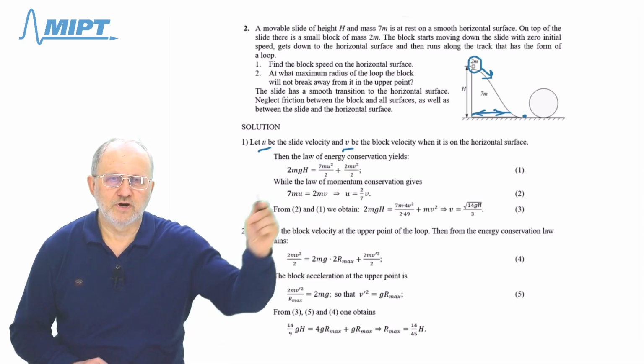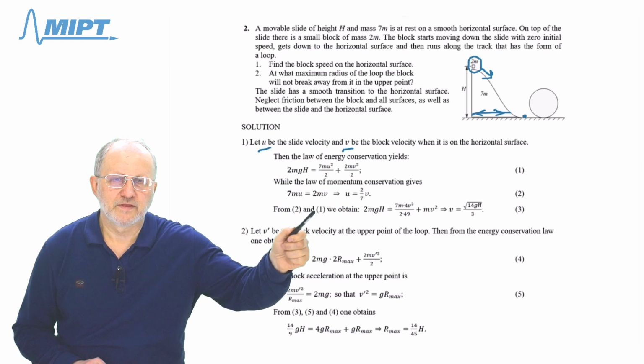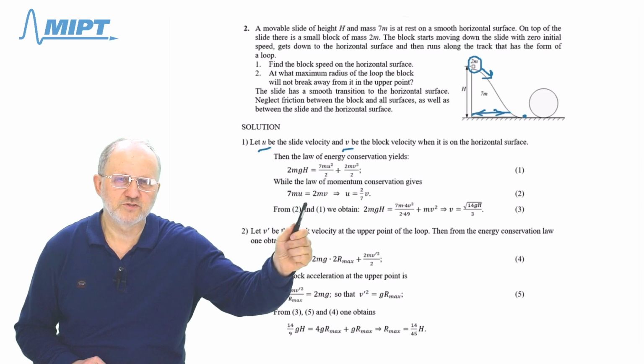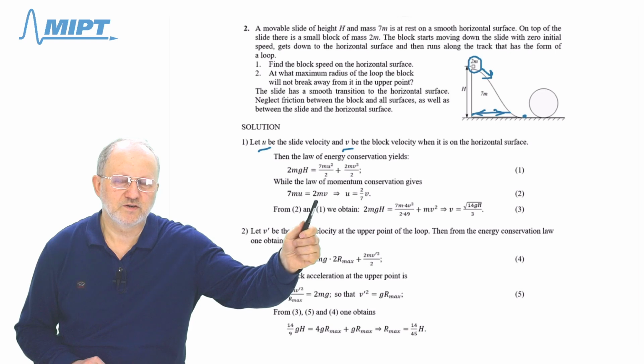Also, the law of momentum conservation can be used in this problem because there are no external forces, only the internal forces of interaction between the block and the slide. And the law of momentum conservation reads: the mass of the slide times the velocity of the slide equals the mass of the block times the velocity of the block.